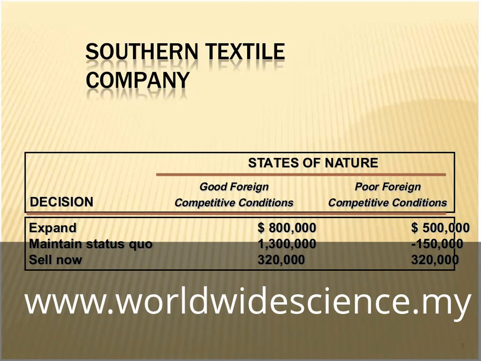In the good foreign competitive condition, the profit of the company will be 1,200,000 US dollars. But if we have poor foreign competitive conditions, we have lost 150,000 US dollars. This is not profit. This is a loss for us.